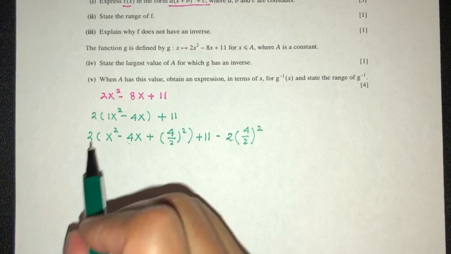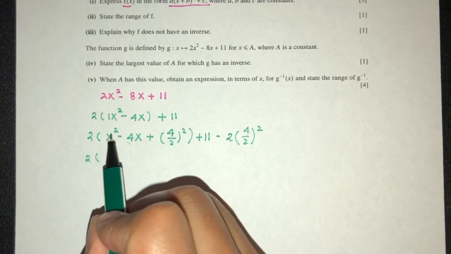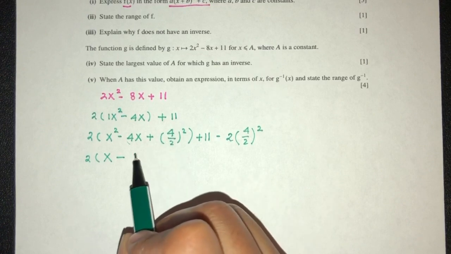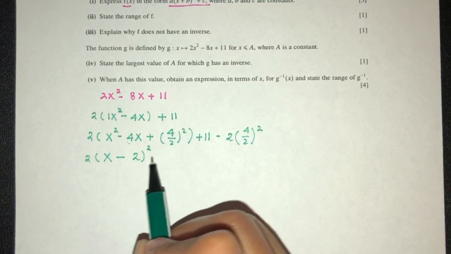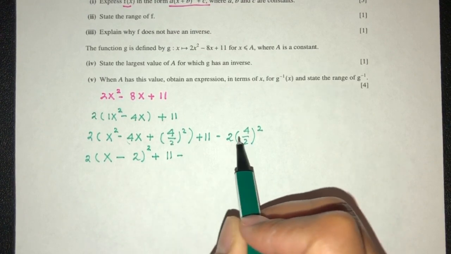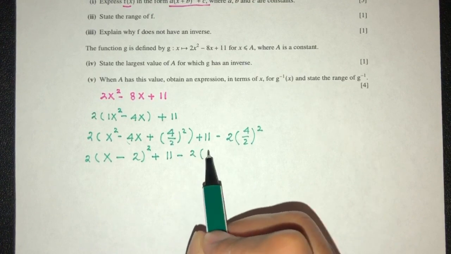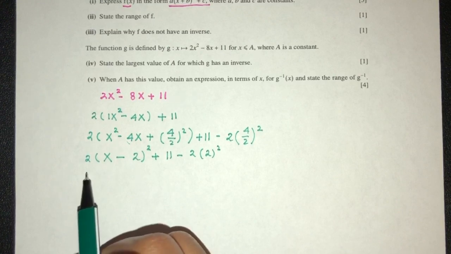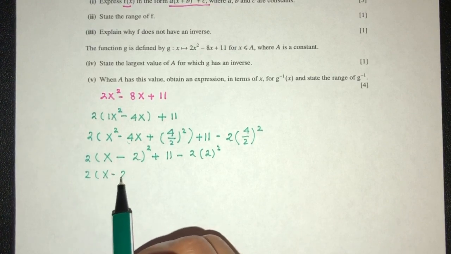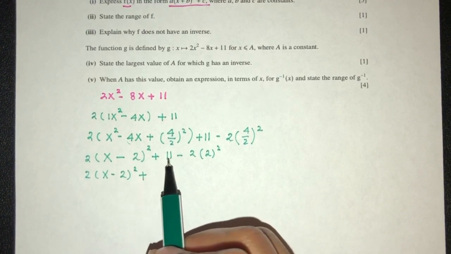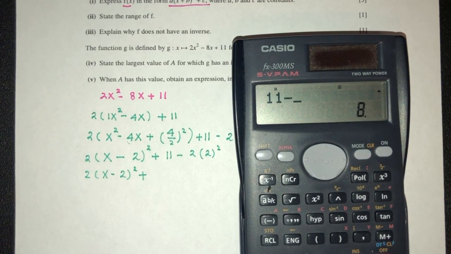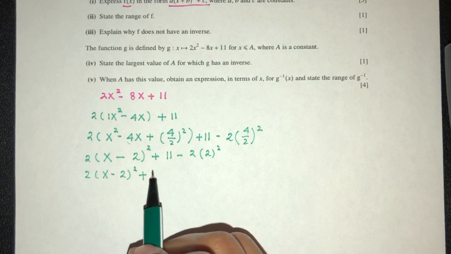Right, now we can simplify. This is 2. Here we have x. Here we have minus. Here we have 2. And here we have square. Plus 11 minus, that will be 2 times 2 square, right? This is 2 square. That should be 2 times (x minus 2) square plus 11 minus 1. So 2 times 4 is 8. 11 minus 8 should be 3, plus 3.